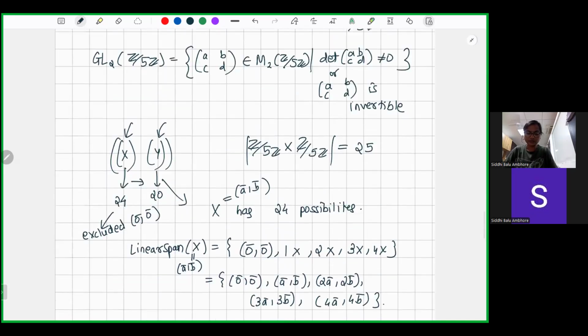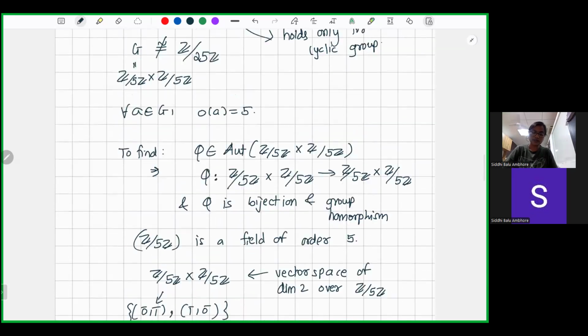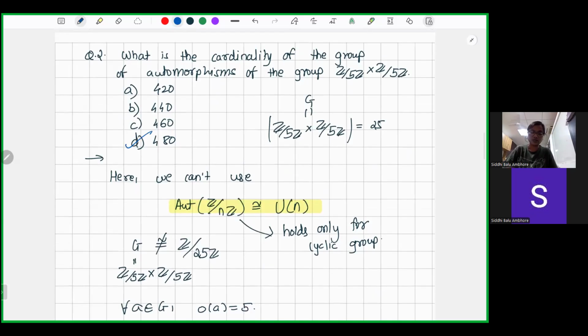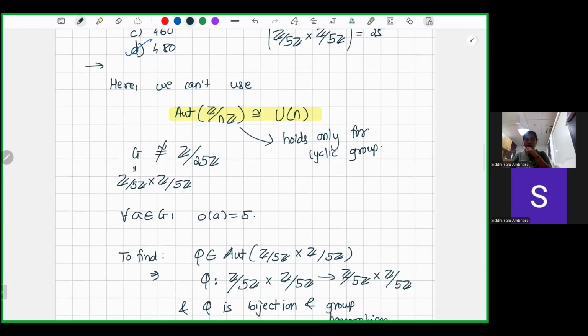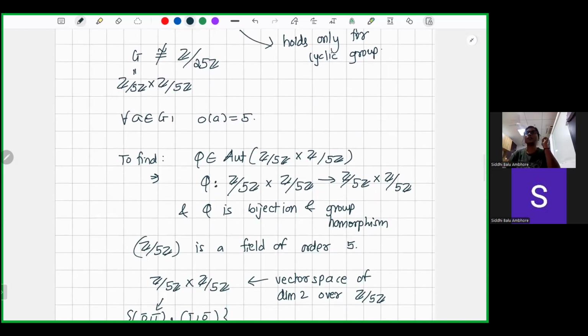So 480 is the last option. This is the only option which is correct. I hope this was okay and there are no doubts here for this one.